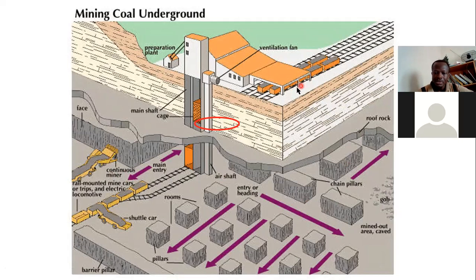But yes, there are rails down there. I can see some ventilation going on up there, and there's a main shaft. You make a lot of money working here, but that's not why I'm here. Anyway, basically that's that.